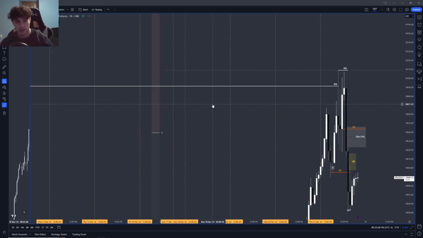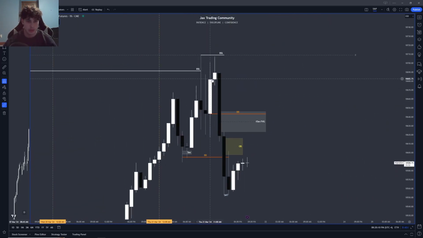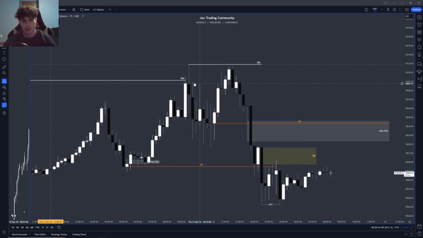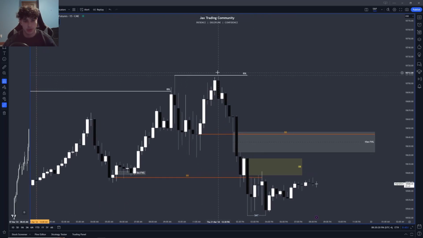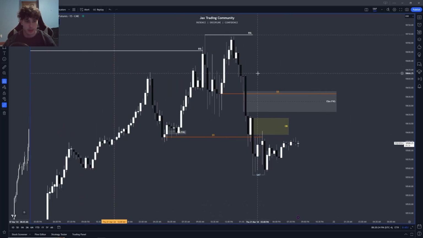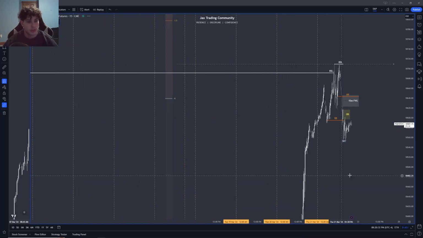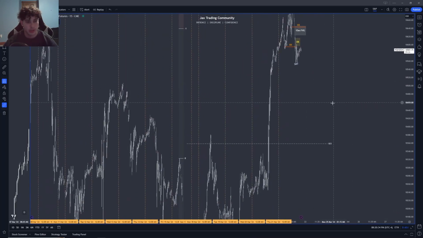Maybe if we went to the 1 hour, you would think this would be a manipulation leg, but it's really not, because there was a bunch of buy side right here and it came to take it out. Plus we did not take this high, so it was not manipulating this high right here. So there's not really much standard deviation. We just got to go with the ICT concepts, right? So that is really all I have.